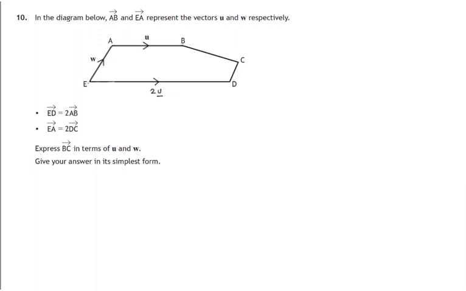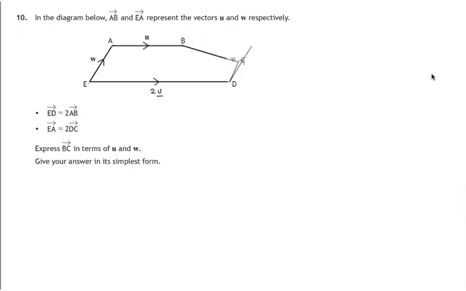Now we've got a similar thing going on with E to A, where we know that E to A represents W. So any line parallel to EA, the same length, same direction, would represent W. And we're told that EA is twice DC. So DC, travelling from D to C, will represent a half W. Incidentally, this has been lifted from the question paper.